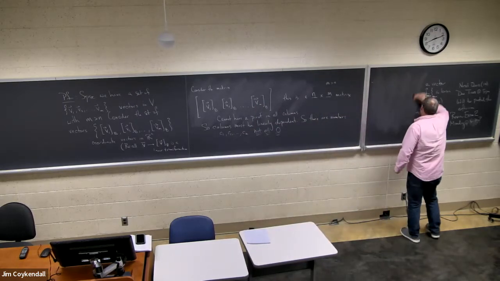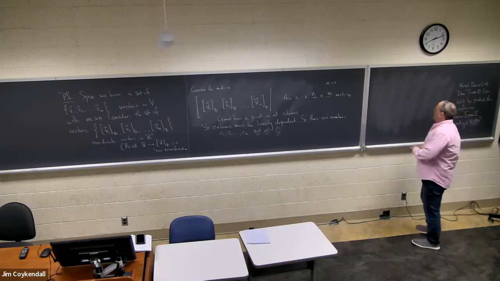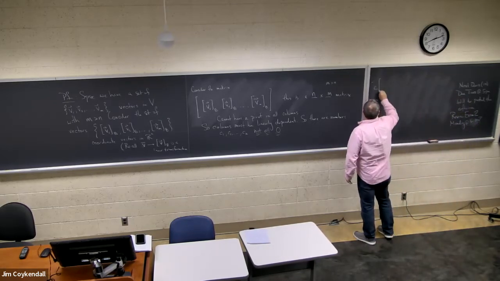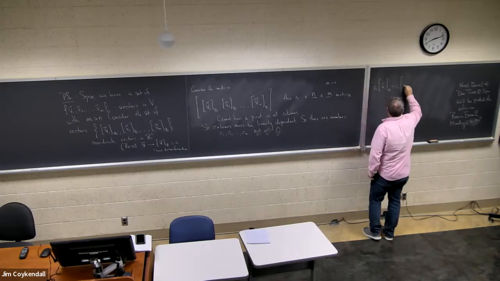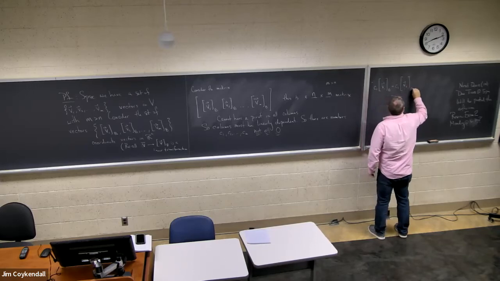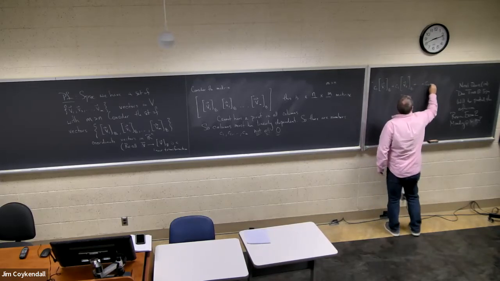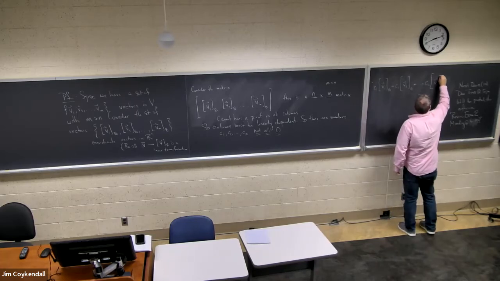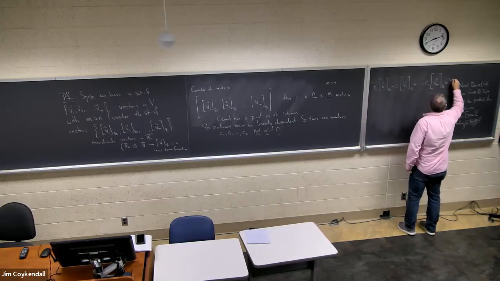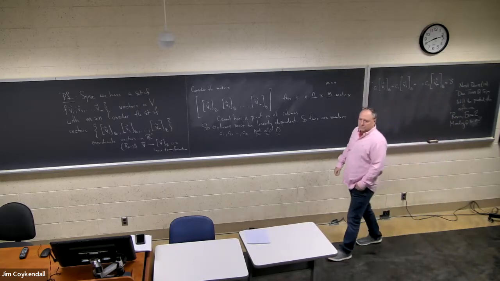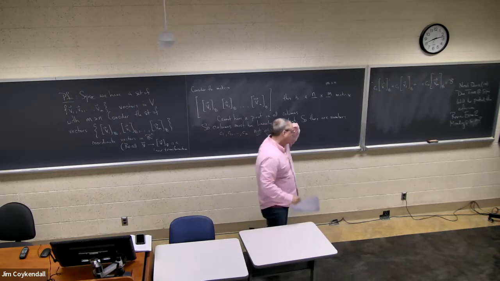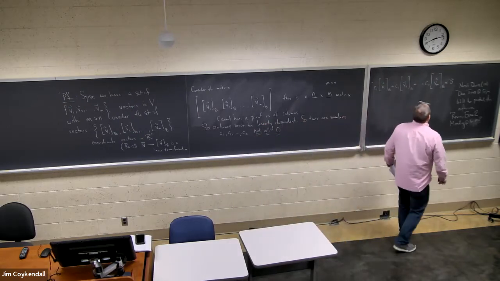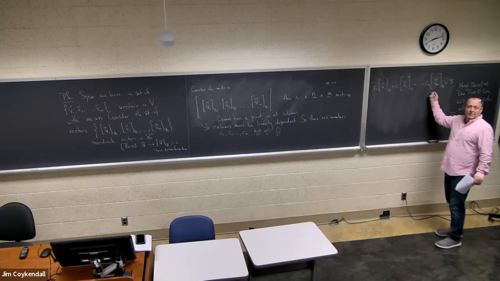I can find such numbers such that the combination is equal to zero. This is my linear dependent relation.